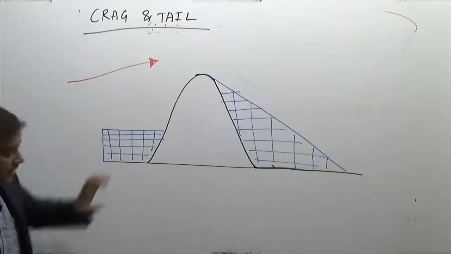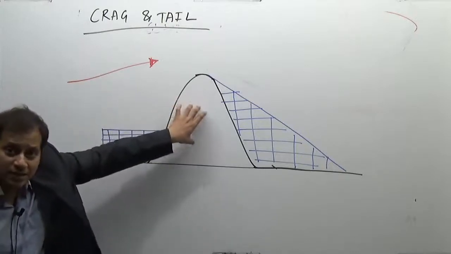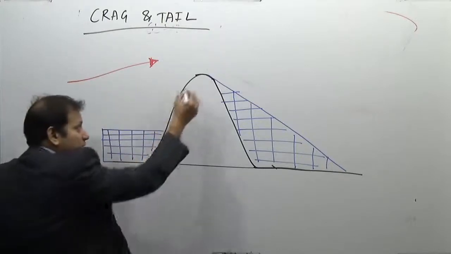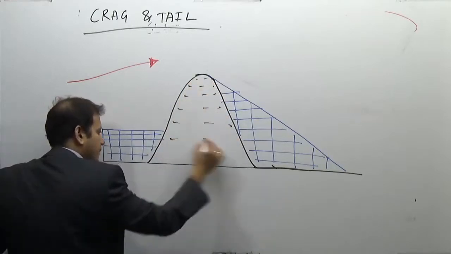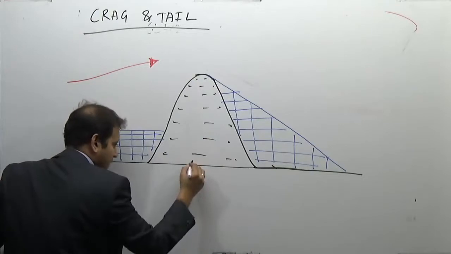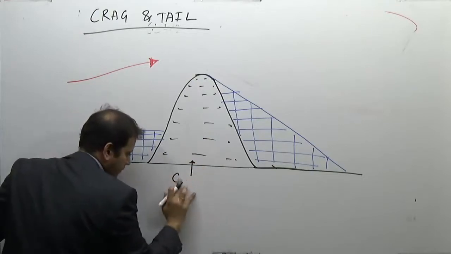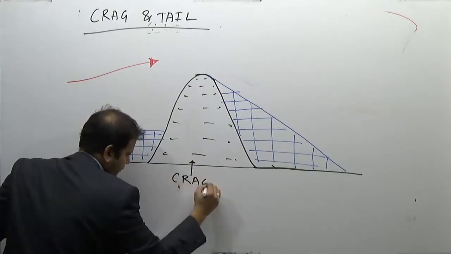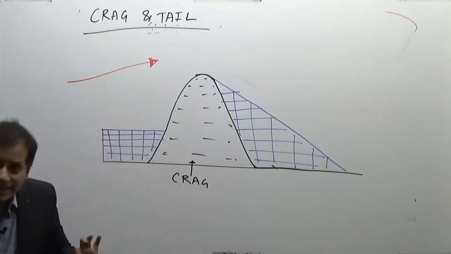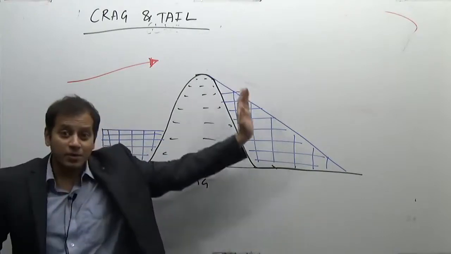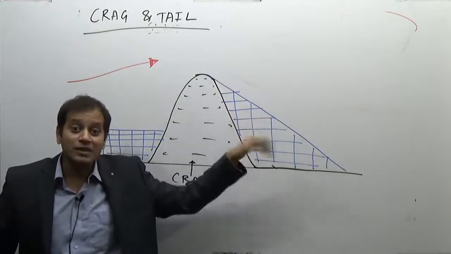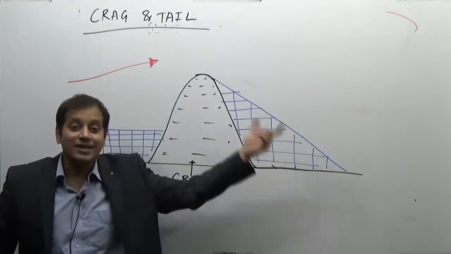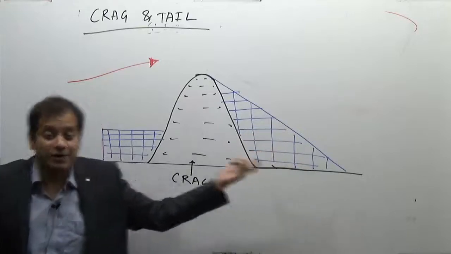What is the crag here? The individual resistant rock which has not been eroded is known as a crag. This rock is the crag. While what is a tail? The gently sloping deposition of sediments on the downstream side is known as the tail.